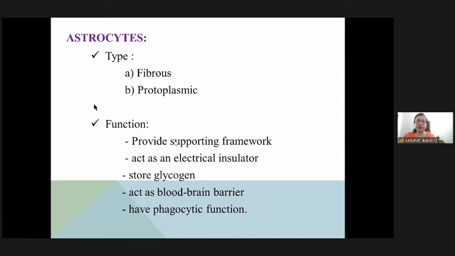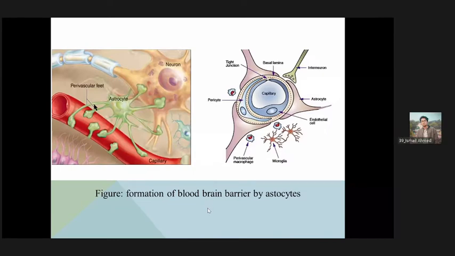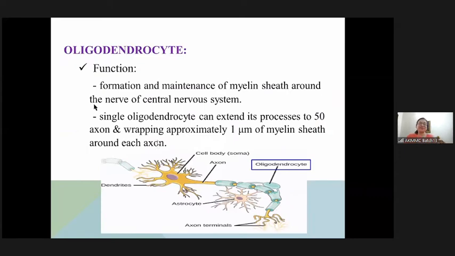First function will be to provide support, then electric insulator, then store glycogen and form the blood-brain barrier. Say them gradually as they are written here. Okay? Okay, ma'am. I will see in the exam. Now come.